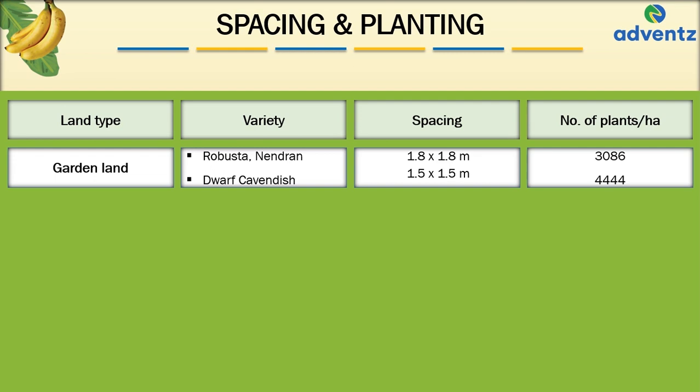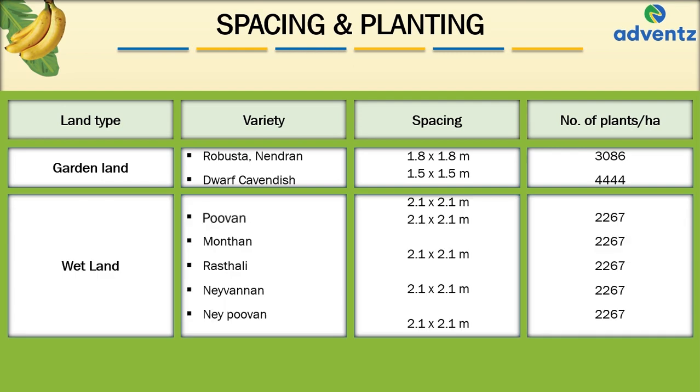For garden land, for the banana variety dwarf Cavendish, the spacing requirement is 1.5 x 1.5 meters and the number of plants per hectare required are 4444.